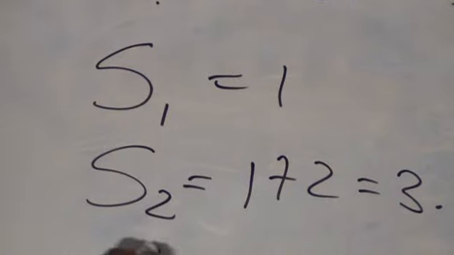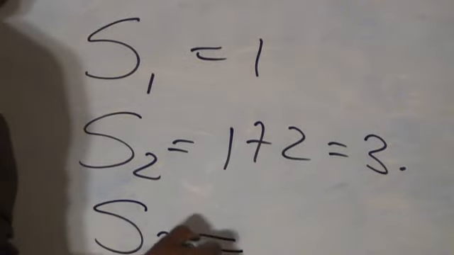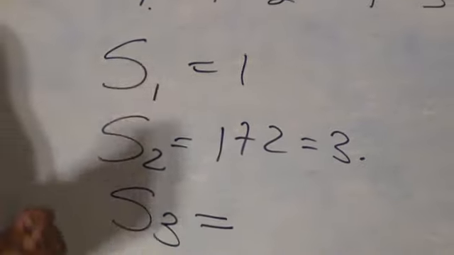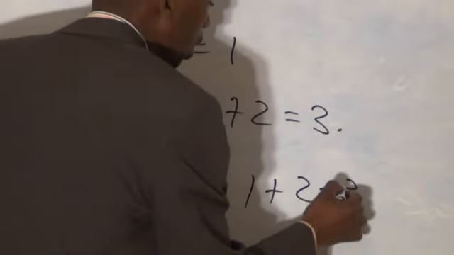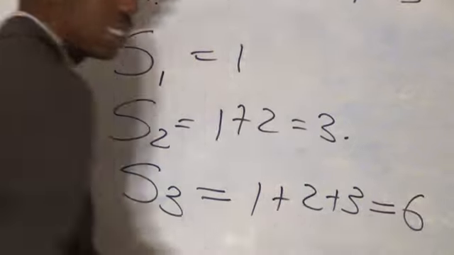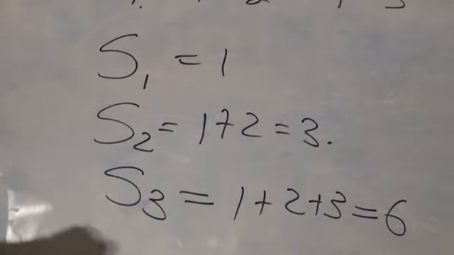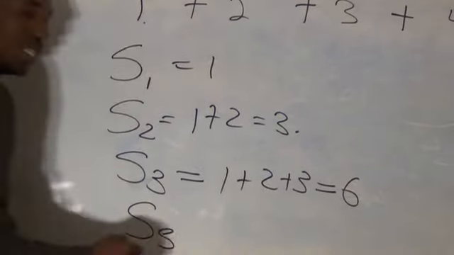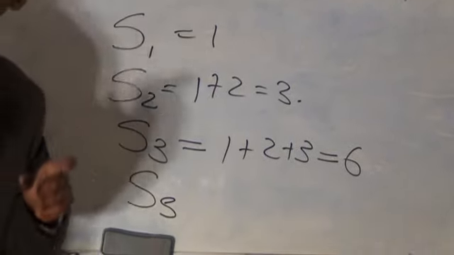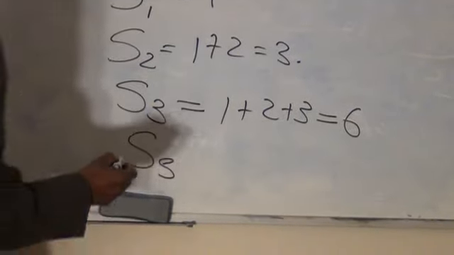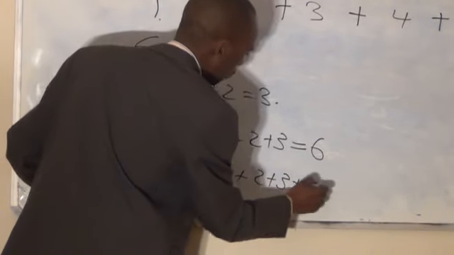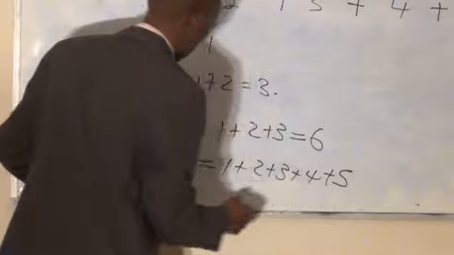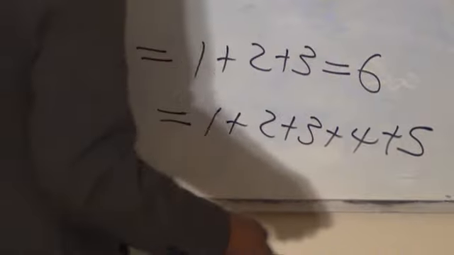If we say S3, we are saying what is the sum of the first three terms. 1 plus 2 plus 3, which is equal to 6. If we say S5, we are saying what is the sum of the first 5 terms, which is equal to 1 plus 2 plus 3 plus 4 plus 5, which is equal to, what is it equal to? 15.